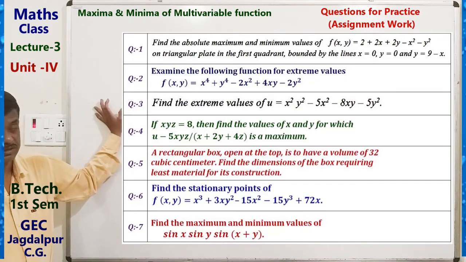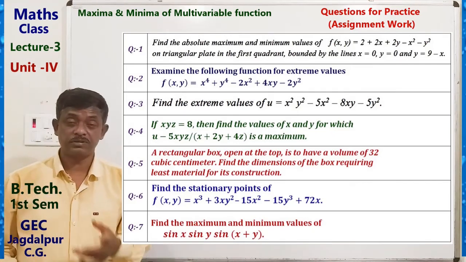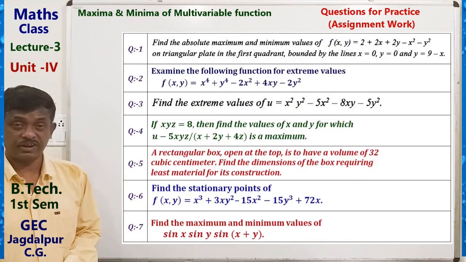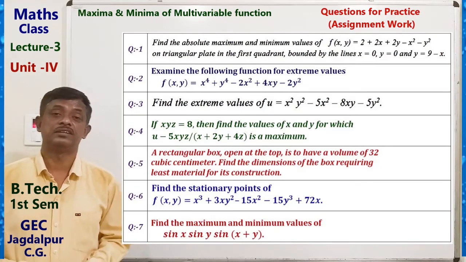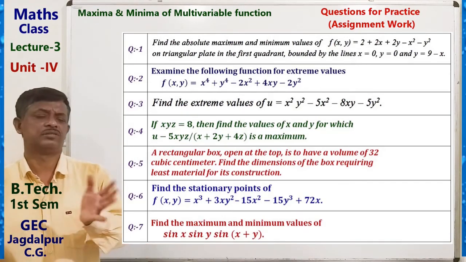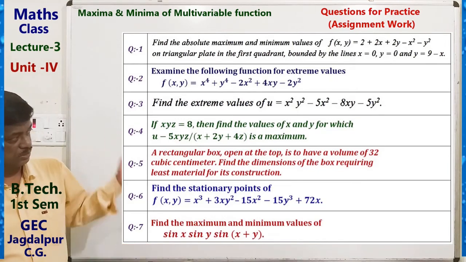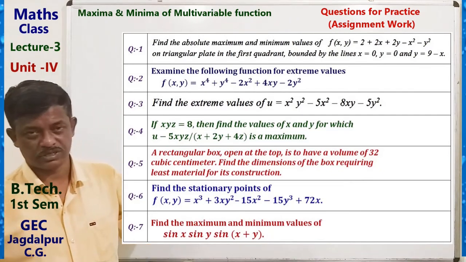Okay, so these questions are very, very important. Solve them. Okay, and then in the next class I will discuss Lagrange's multiplier method for finding maximum and minimum values. In that case, we can also find stationary points, and in some of the questions we will discuss whether it is maximum or minimum. Okay, so do these questions. These are the practice questions for you.